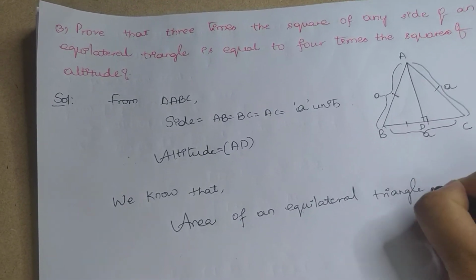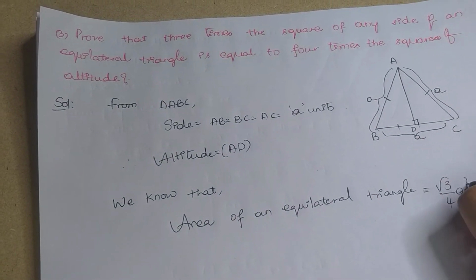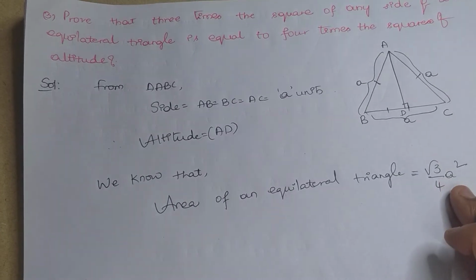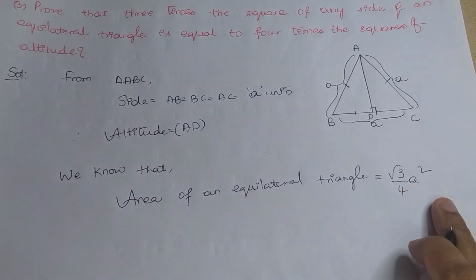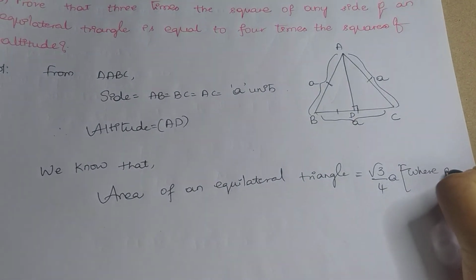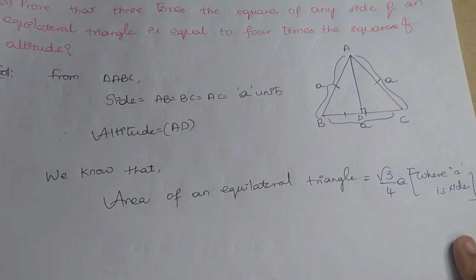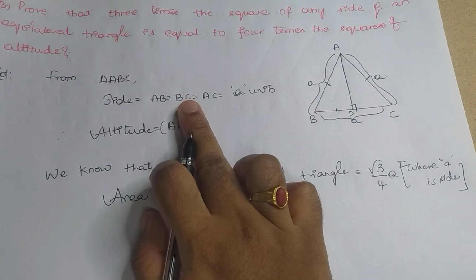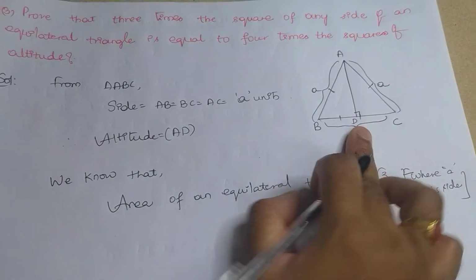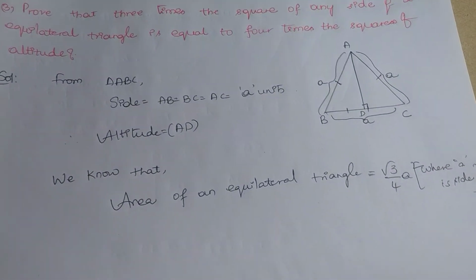Area of an equilateral triangle equals root 3 by 4 a square, where a is the side. Because here in the solution also I have assumed the side as a units only. So this formula applies to this triangle.